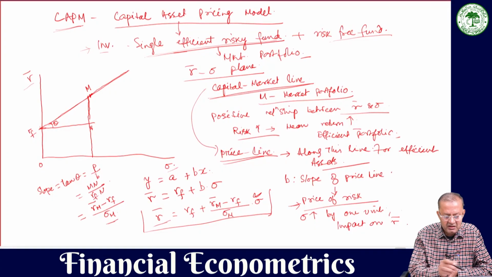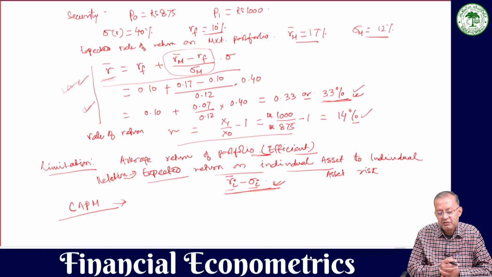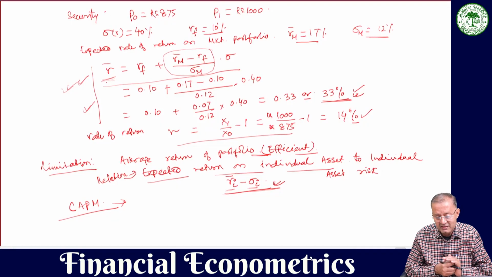After this relationship, we got this equation and tried to explain it with the help of a hypothetical example. Now the limitation is that we talk about the average rate of return on the market portfolio, not an individual asset, because a portfolio constitutes many assets. So this is not a limitation of the capital asset pricing model.